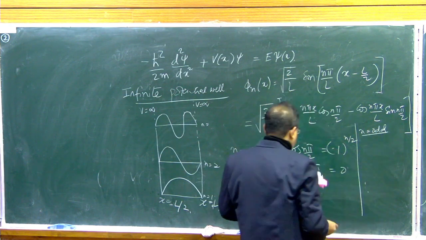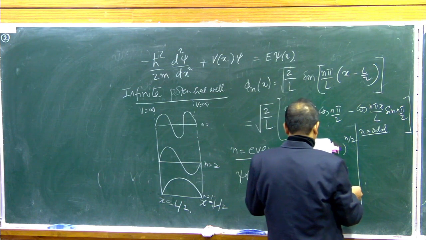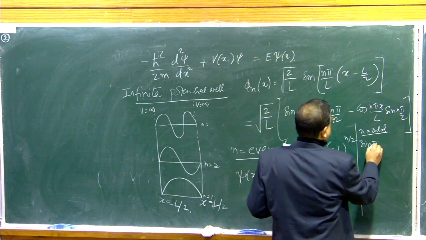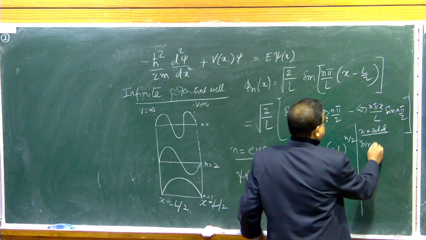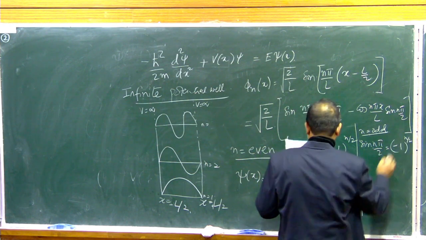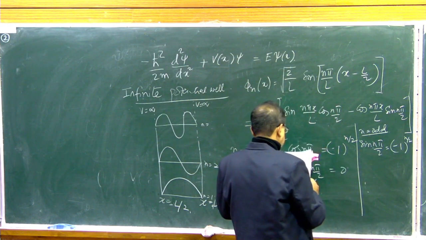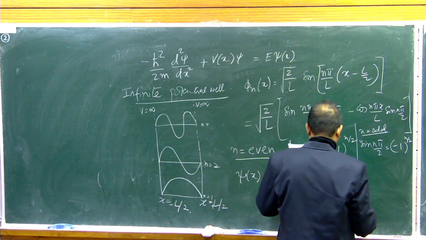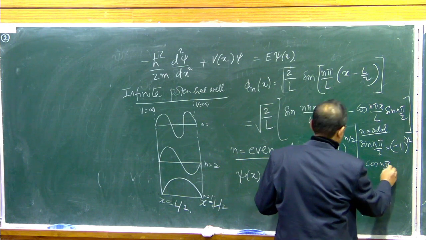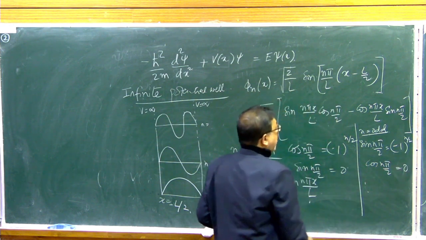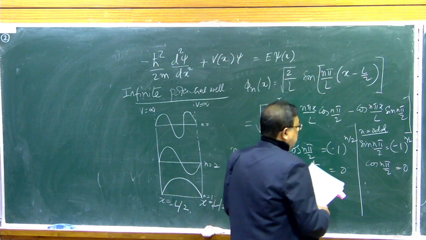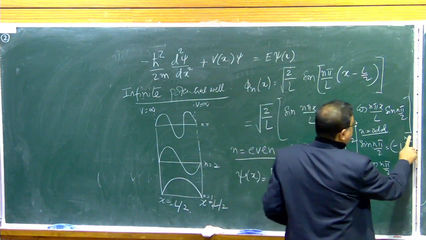Now you can quickly do n equal to odd. If n is odd, then cosine of n pi by 2 is equal to 0, and sine n pi by 2 is equal to minus 1 to the power (n minus 1) by 2, so this is not n by 2, it's odd.